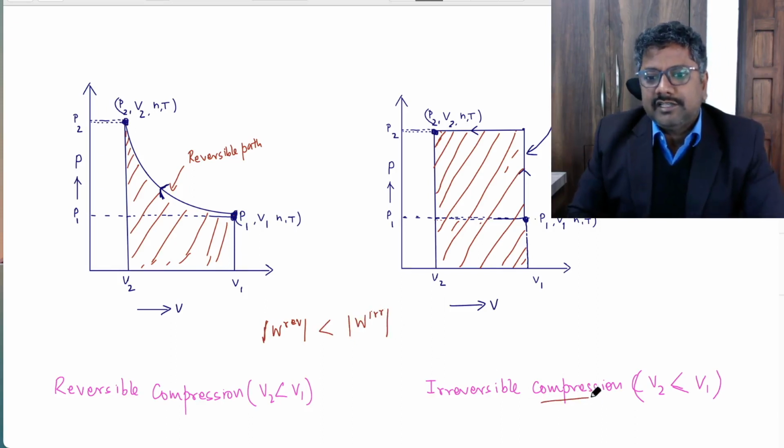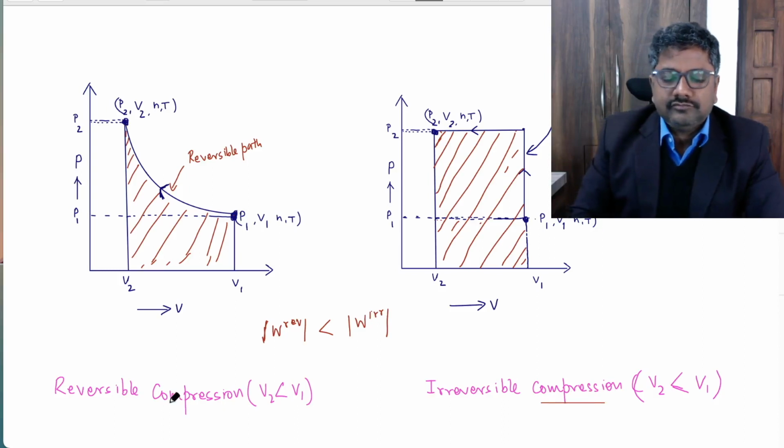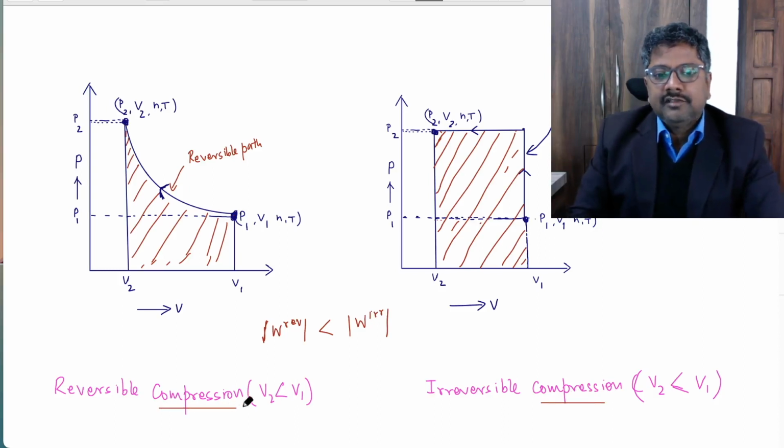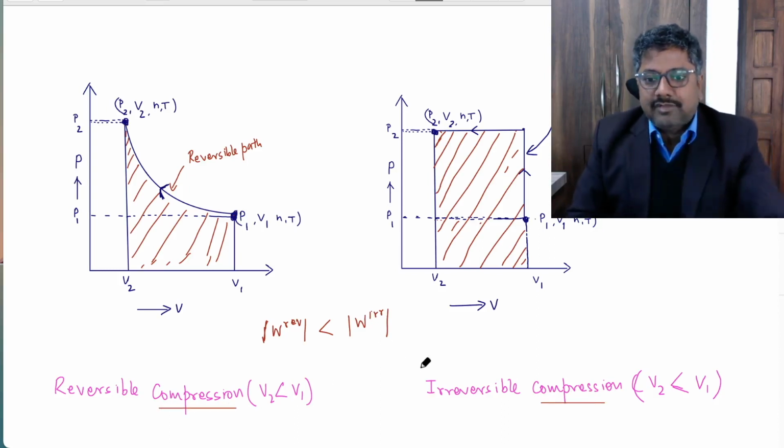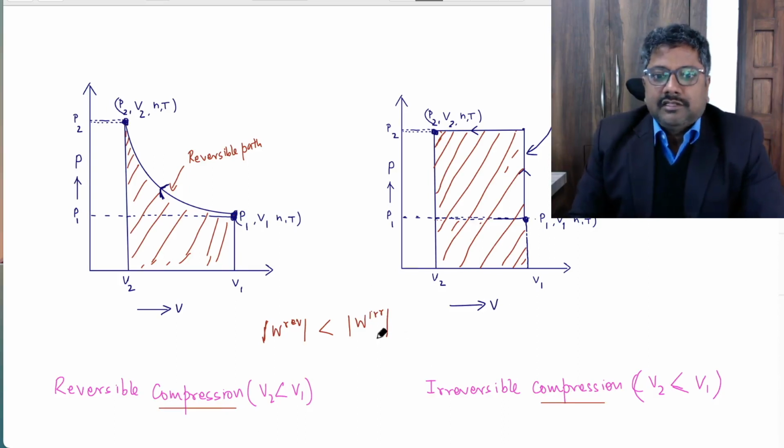This time there is a compression, right? So when there is a compression, the work involved in the irreversible process is more than the reversible.